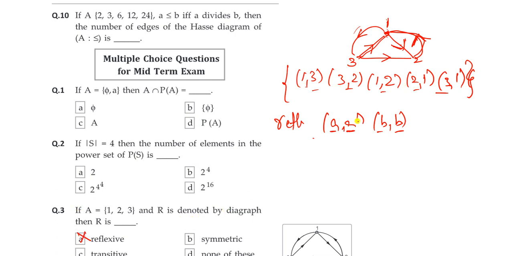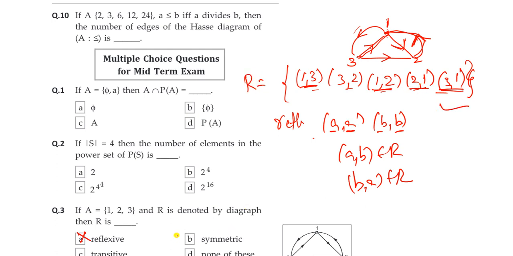And next one, symmetric. Symmetric means what? (A, B) belongs to R and (B, A) belongs to R. So (1, 3) belongs to R, (3, 1) belongs to R, (1, 2) belongs to R, (2, 1) also belongs to R. So this is symmetric. So this one is correct.